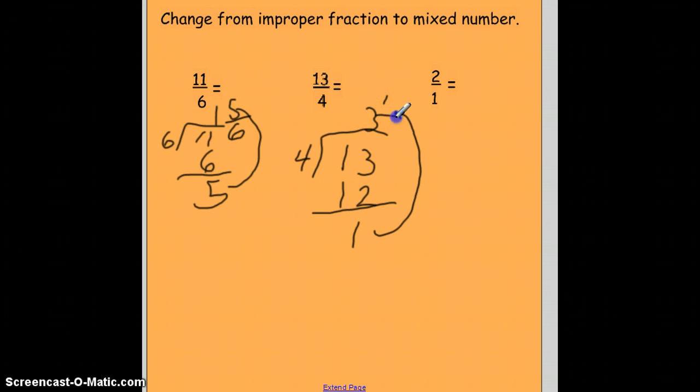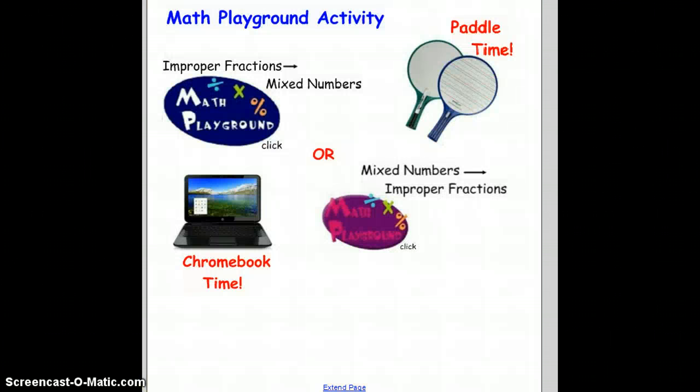So we end up with 3 1/4. And finally, 2/1. You really don't need to do that, but 1 will go into 2 whole times, and 2 times 1 is 2, leaving us without a remainder and our answer being 2.